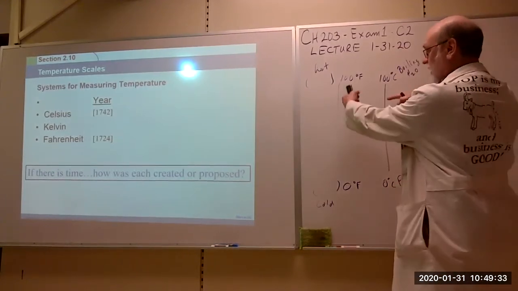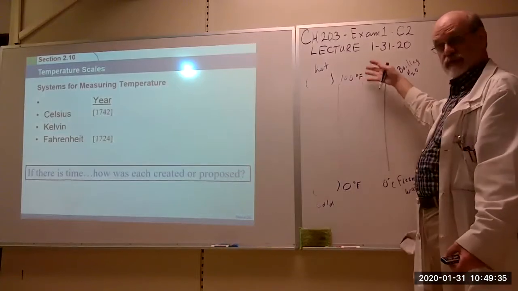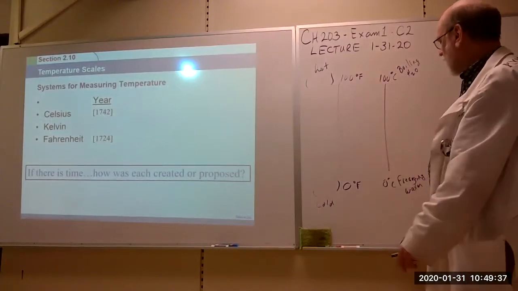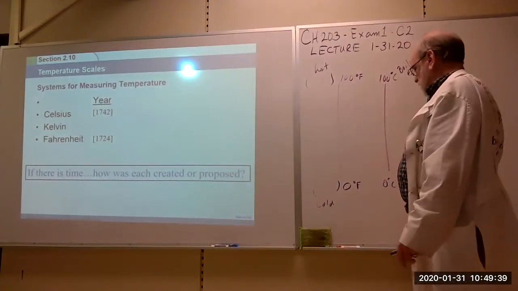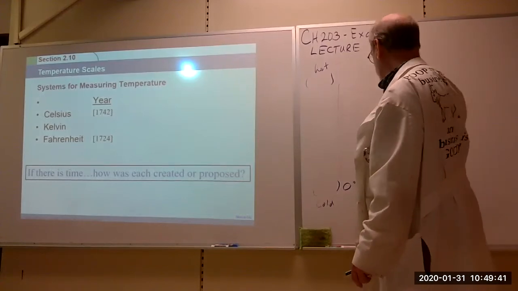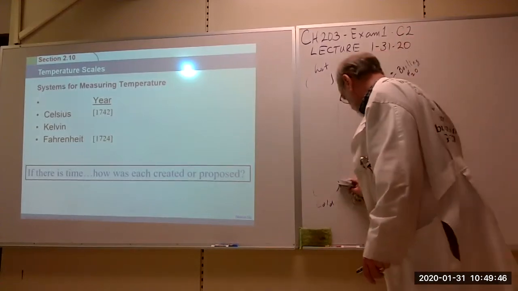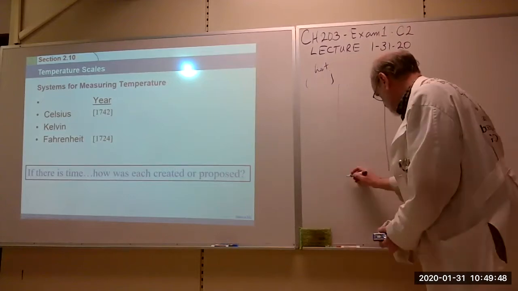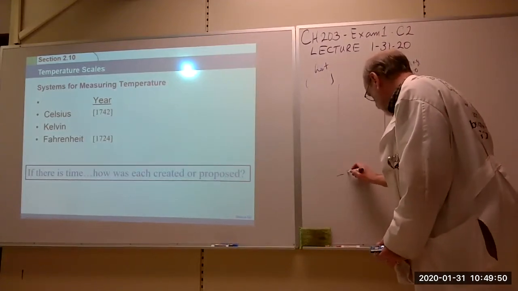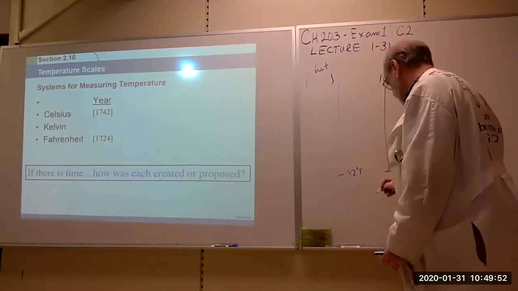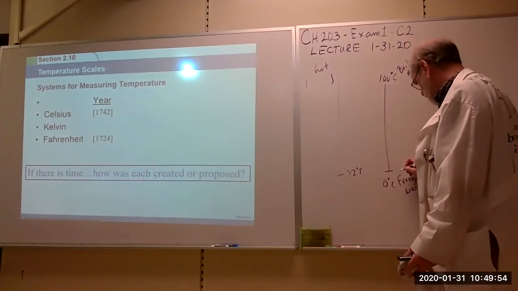Now, these are not equal scales, right? These occur at different places. In fact, if we try to scale them properly, this is 32. Right? Everybody knows freezing water.